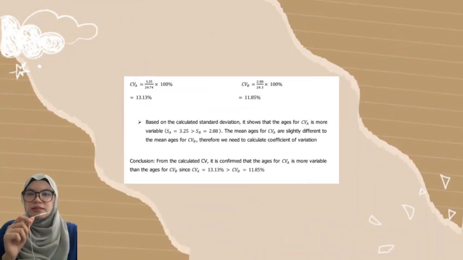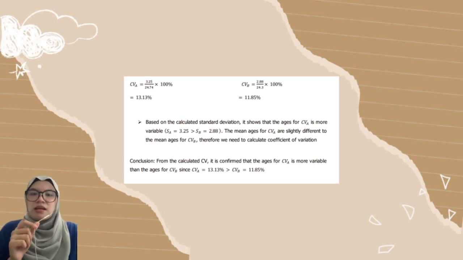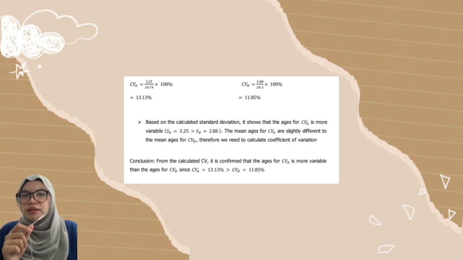The next slide is comparing the consistency with our fellow group assignments. Based on the calculated standard deviation, it shows that the ages for CVA are more variable because standard deviation A is 3.25, which is bigger than standard deviation B, which is 2.88.